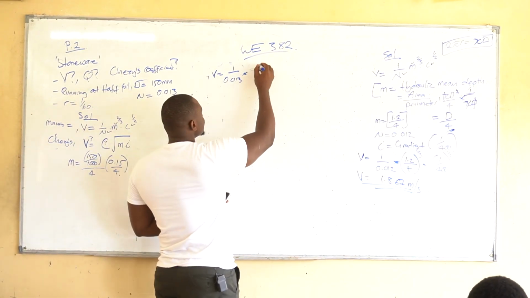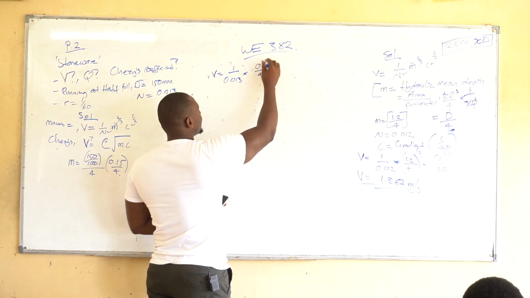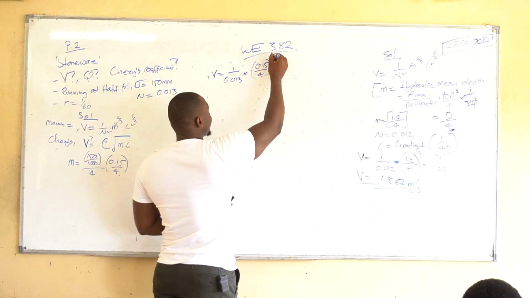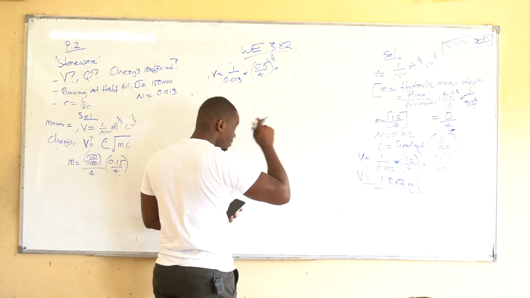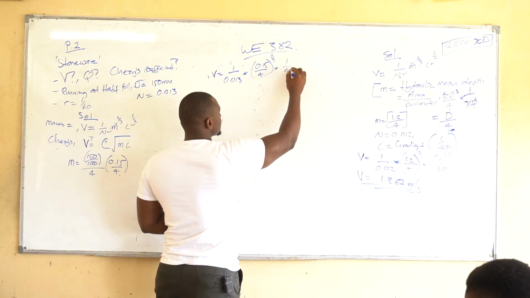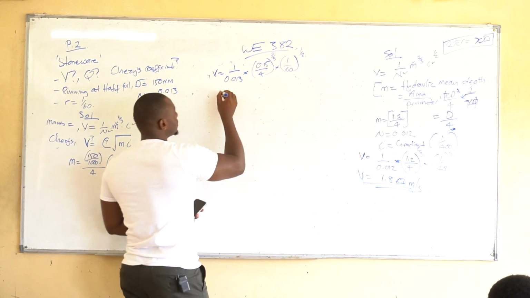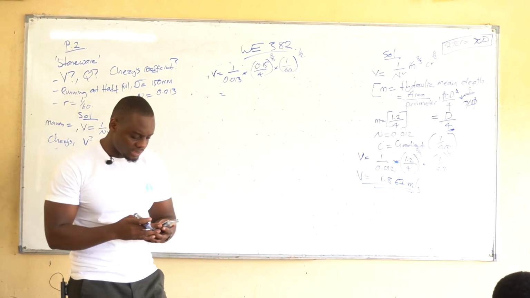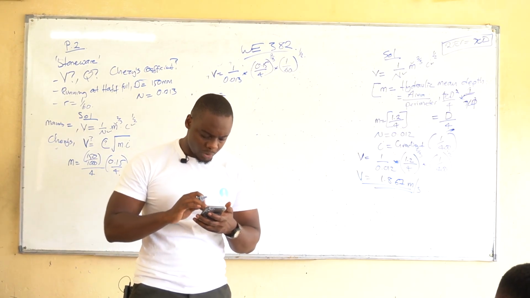So we plug this in: 0.15 divided by 4, everything raised to 2 over 3, multiplied by the gradient given, 1 in 60, raised to the power 1 over 2.